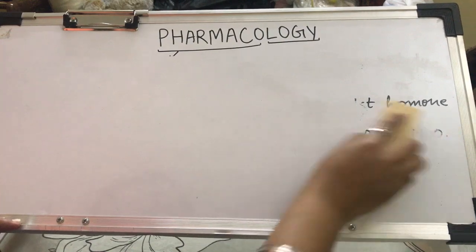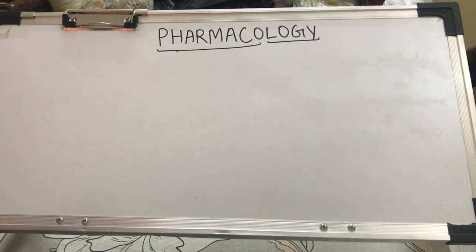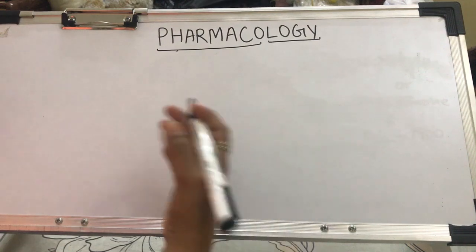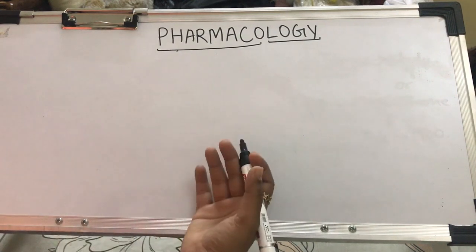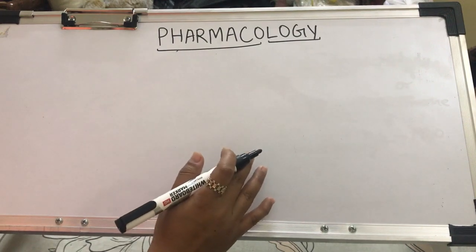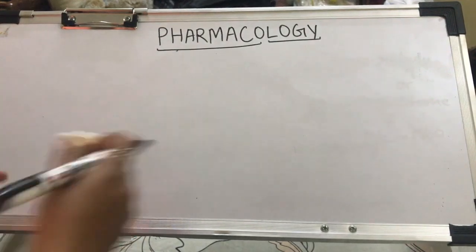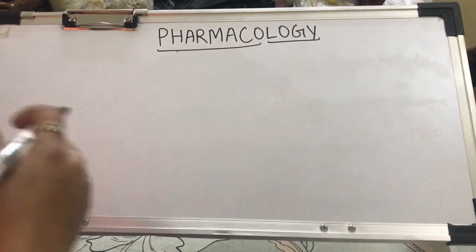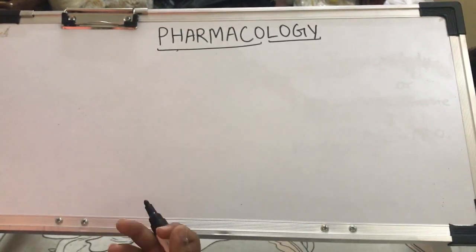Now we should know why we need to study pharmacology and what is the scope of pharmacology. Basically there is an undying need to discover medicines, to find out how to treat different diseases. So pharmacology has an undying scope. But to discover medicines, or to know how medicines are going to react inside a body, first of all we should know what the disease is or how the disease is being caused.